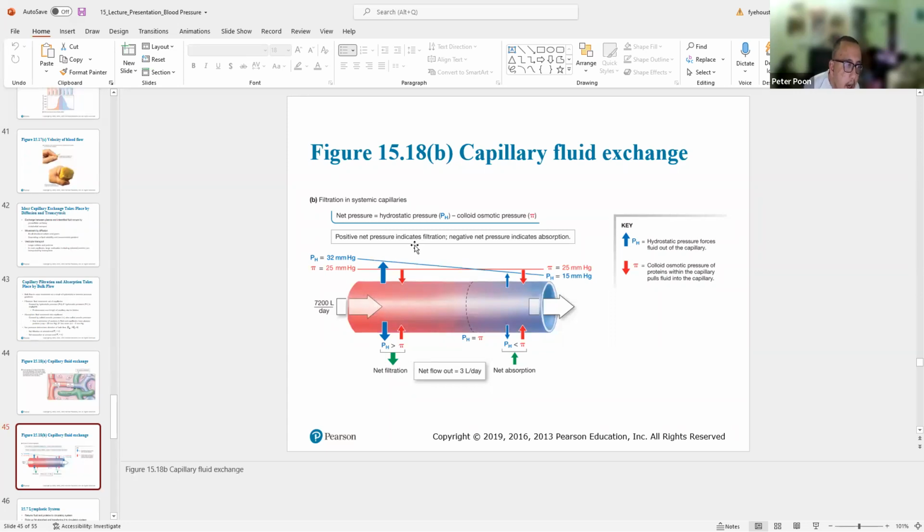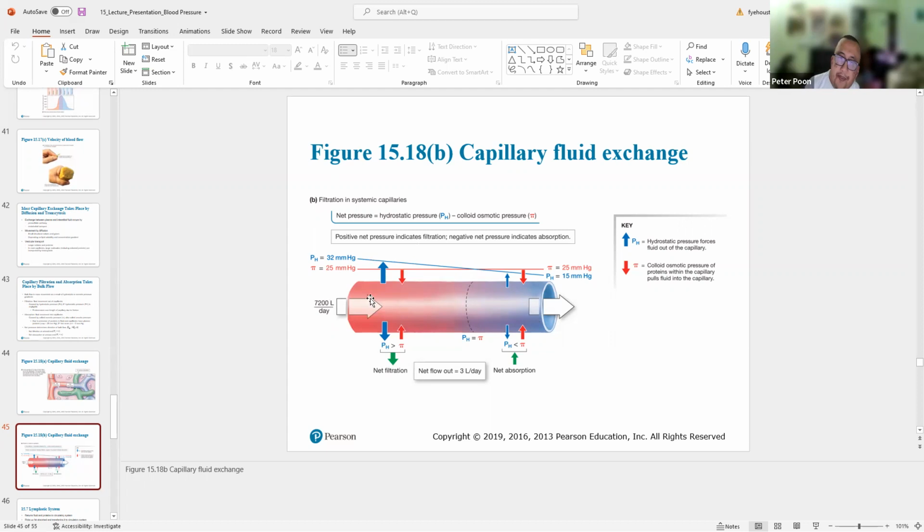So pressure is higher up here than over here. So the fluid is leaking out of the capillary into the interstitial fluid. Sorry, extracellular fluid. So this is leaking out.